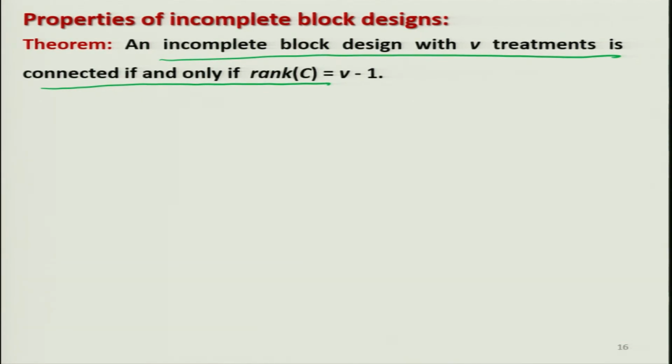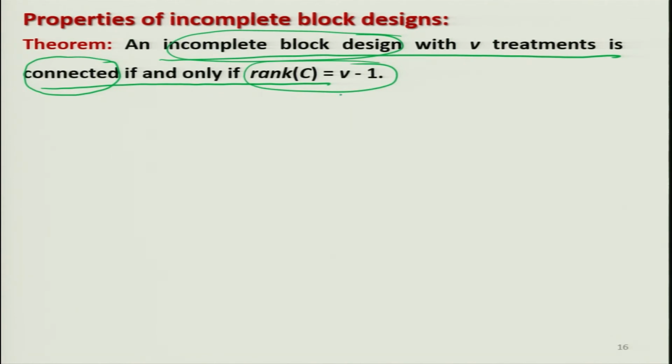If you try to see what we are really doing, you are assuming that the design is an incomplete block design, and if the rank of C is equal to V minus 1, then the design is connected. That means all the elementary contrasts of the treatment effects in this case are going to be estimable.